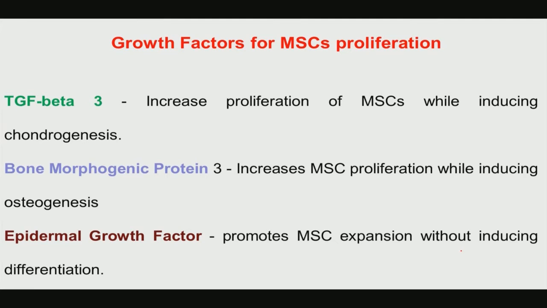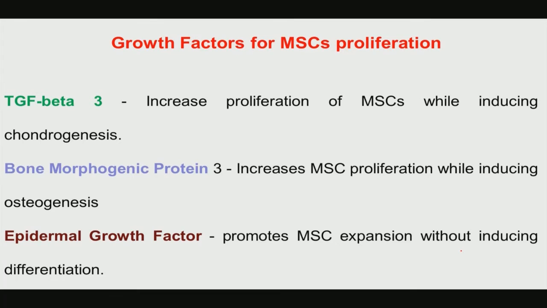These growth factors are available in large numbers, and it is not possible to cover so many growth factors in this course. Therefore, I try to restrict the discussion on growth factors in reference to three examples. One is the transforming growth factor beta 3, that is TGF beta 3.